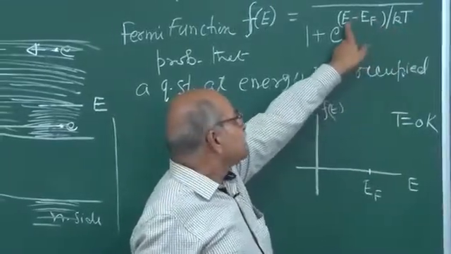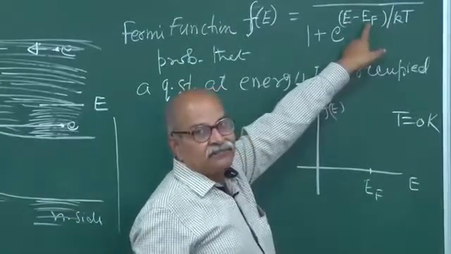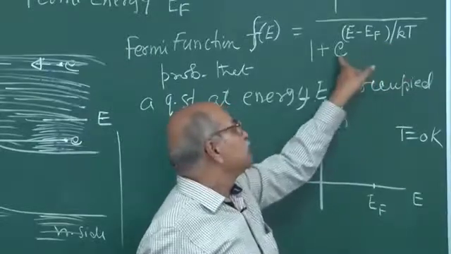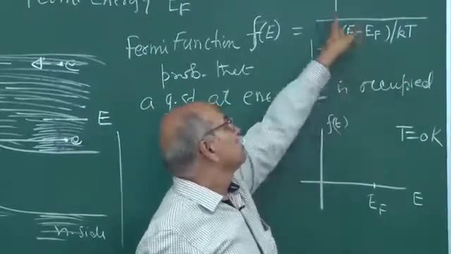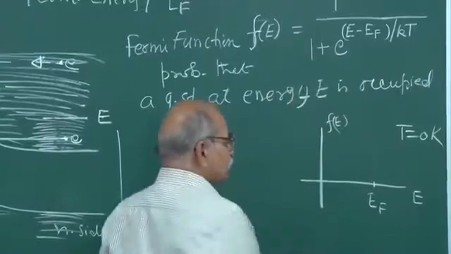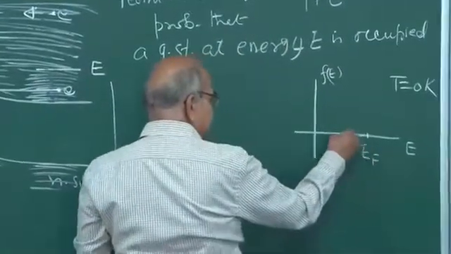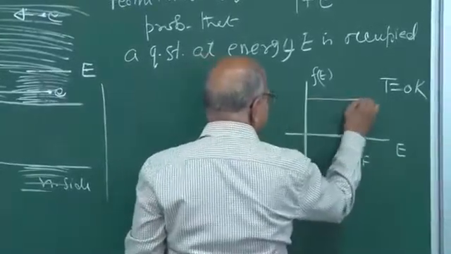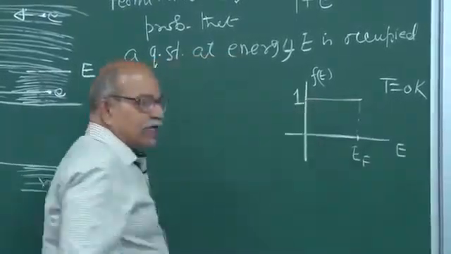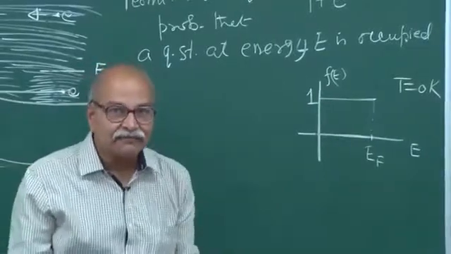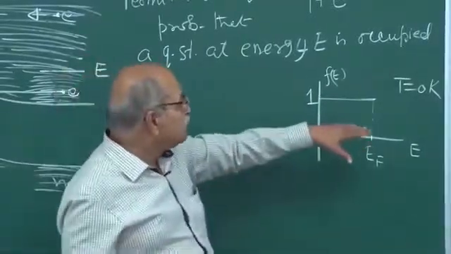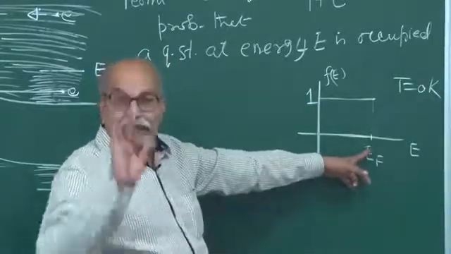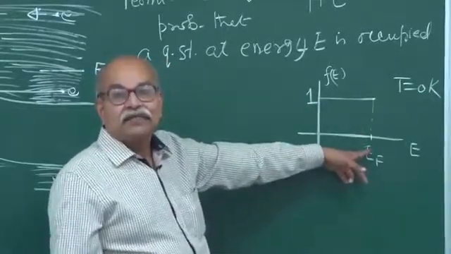And if E is less than EF, it will be e to the power minus infinity, and e to the power minus infinity is 0. So this function will be 1. So for all energies less than EF, this function will be 1. That means at 0 K, all quantum states with energy less than EF will be occupied by electrons.